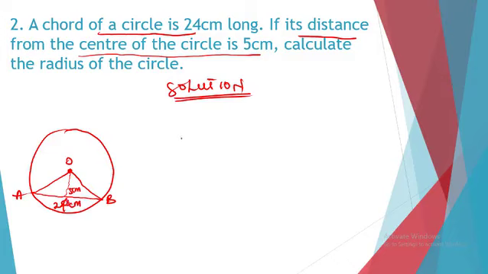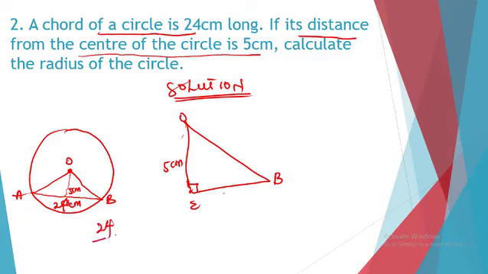So taking half of this, we'll have a right angle triangle, angle 90. This is B, this is E, and this is O. And remember, here is 5 cm. So half of this now will be 24 divided by 2, which is 12. So here is 12 cm. Solving for line OB, line OB squared will be equal to 12 squared plus 5 squared.